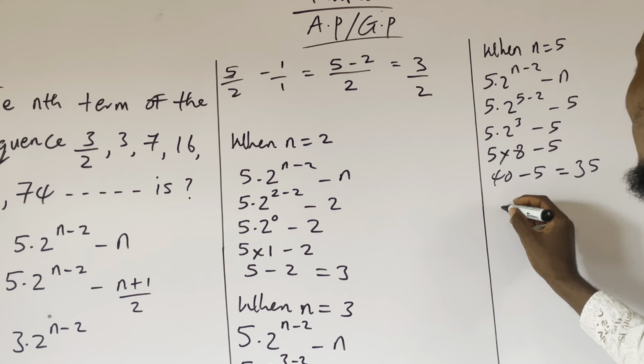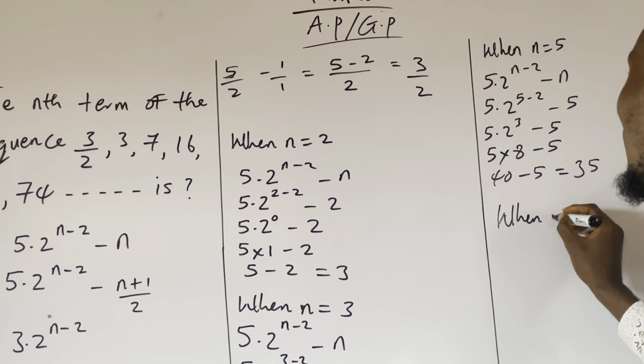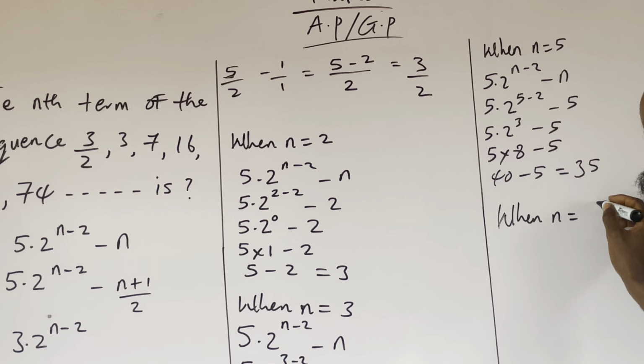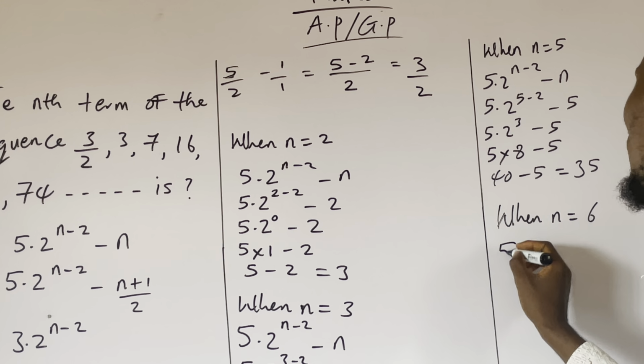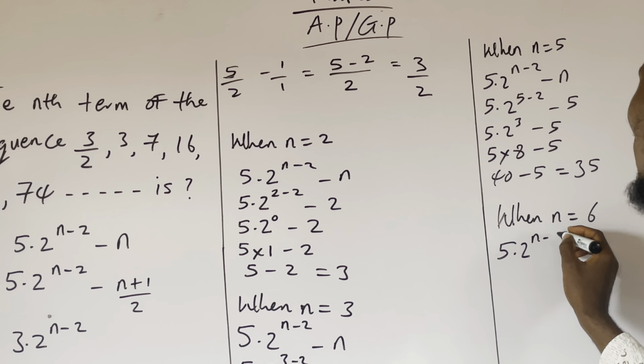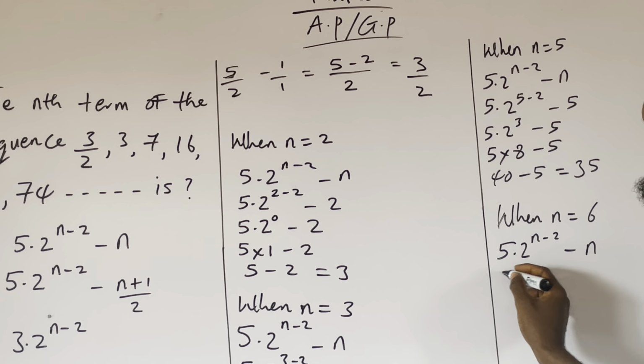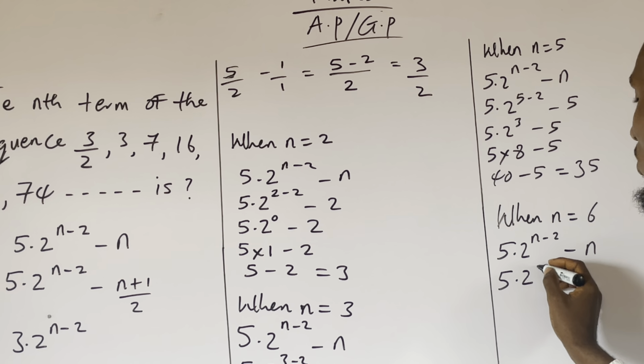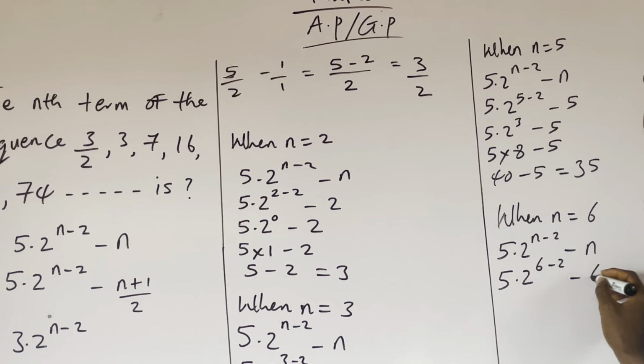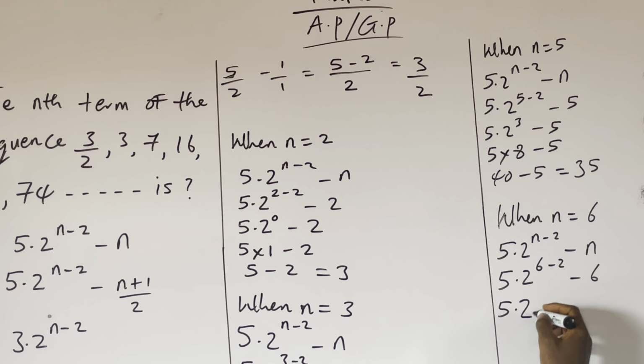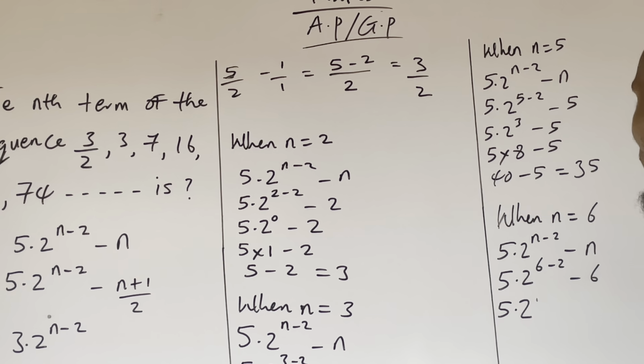Then, lastly, when n is equal to 6, that is 5.2^(n-2) - n. This is 5.2^(6-2) - 6. This is 5.2^4 - 6.